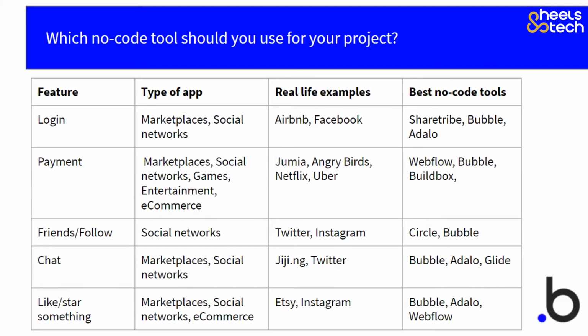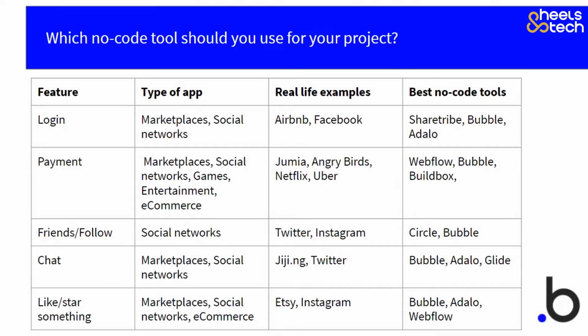You use Adalo, right? If your app is going to involve some kind of payments, where one user is paying another user, or a user is paying for some items, for example an e-commerce site like Jumia or Amazon or AliExpress, or something like Netflix, right?